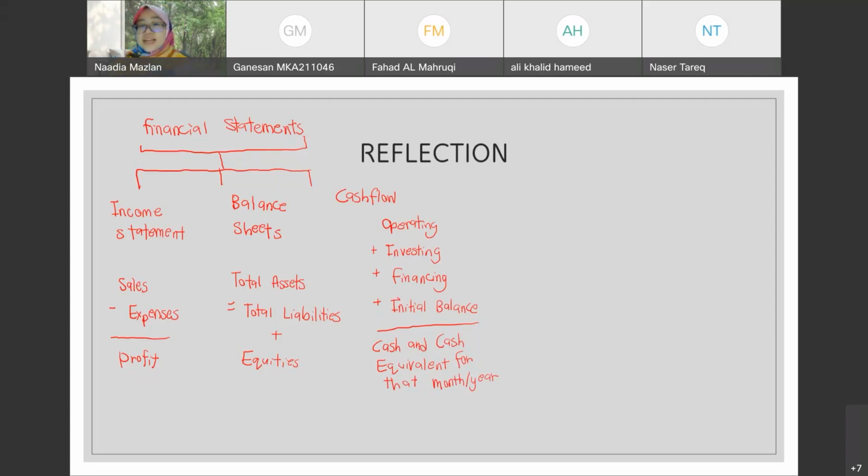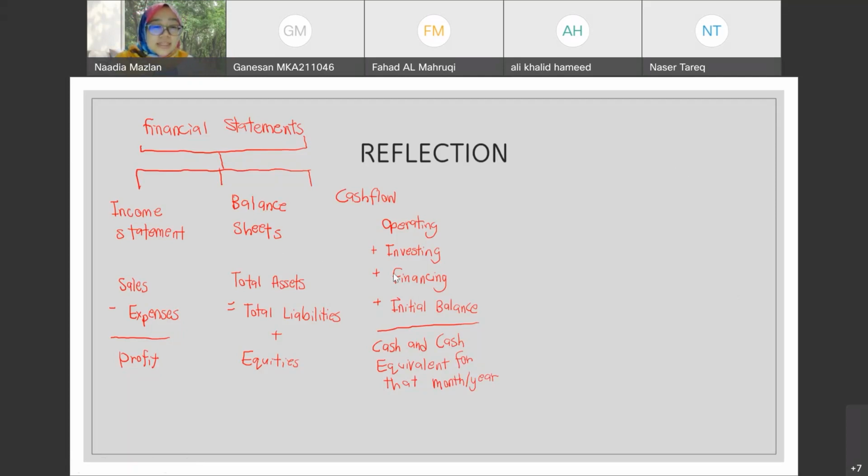Okay, and then we learn about financial ratio. So there are 5 types of financial ratio. However, why do we need to do financial ratio? Because we want to do comparison. The comparison can be in 2 types.